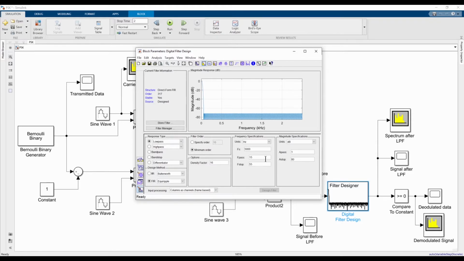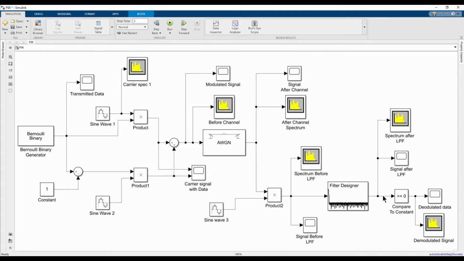You can play with this data to make the system more efficient. Actually the low pass filter will be more efficient. After that we compare the data with respect to 0, and then we get the demodulated data.